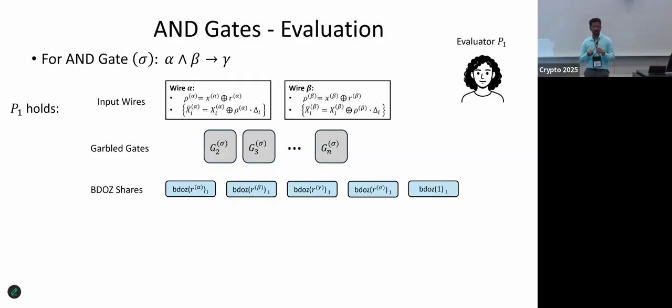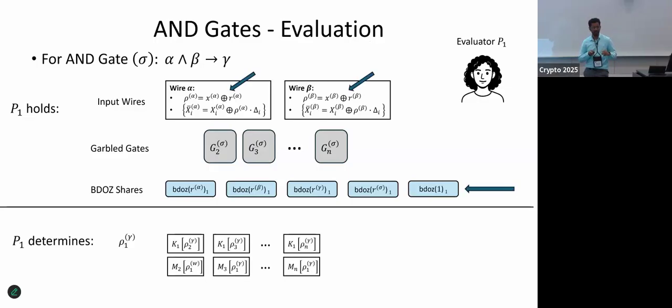So in the AND gate evaluation, the evaluator holds the masked values for the input wires along with the associated labels. It received the garbled gates from the garblers in the pre-processing, and it holds its BDOS share for this AND gate.